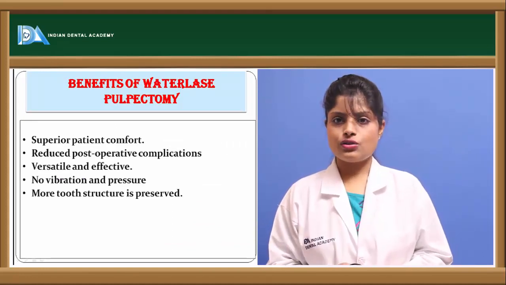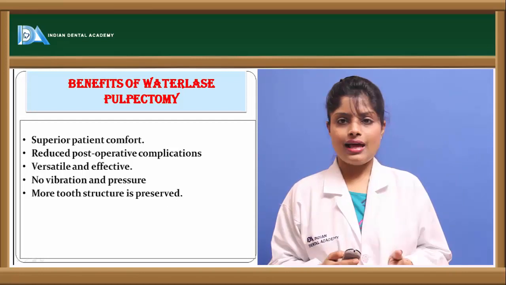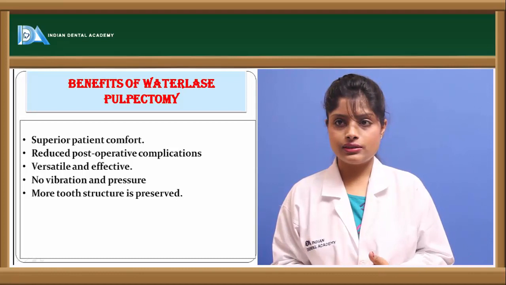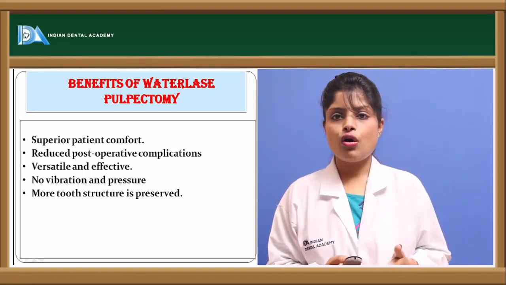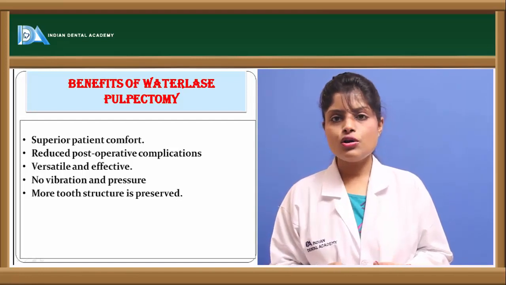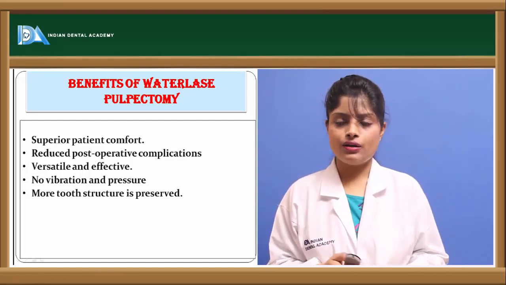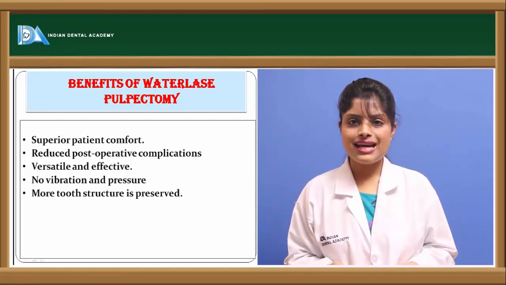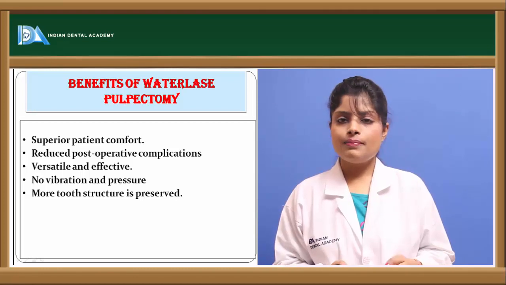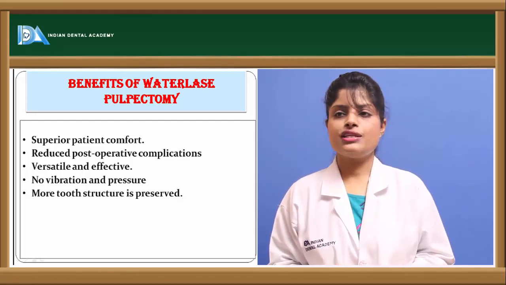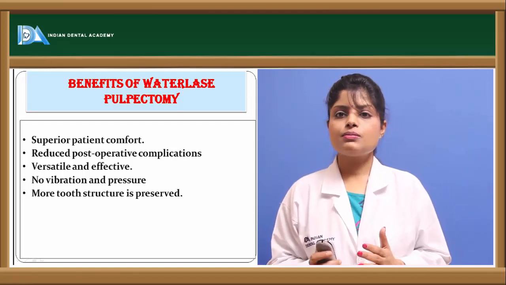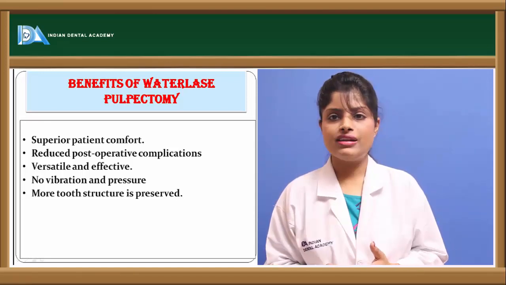The advantages of laser pulpectomy are that it provides superior patient and operator comfort. There is no use of local anesthesia or pain to the patient. There are reduced post-operative complications and blood loss. It is a versatile and effective method, and the vibrations or mechanical force used is minimal. Moreover, maximum tooth structure is conserved in the case of laser pulpectomy.